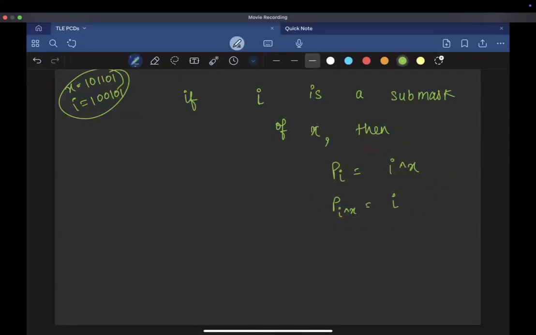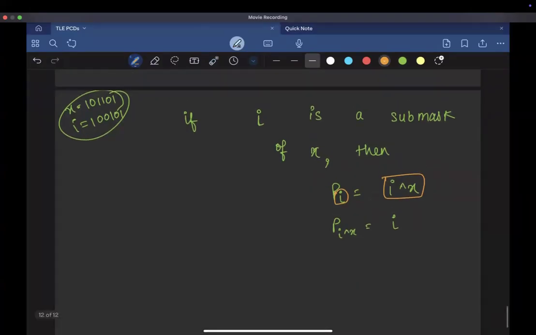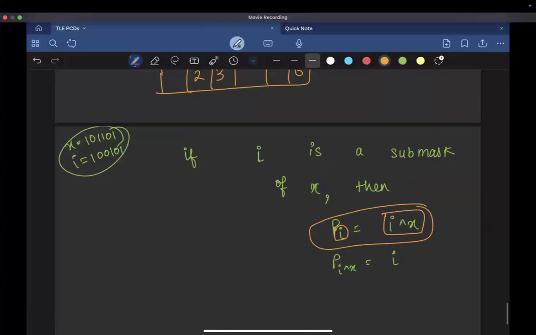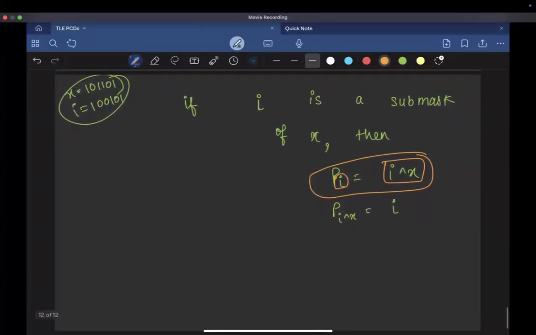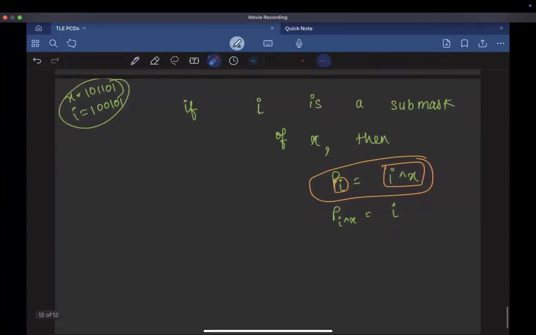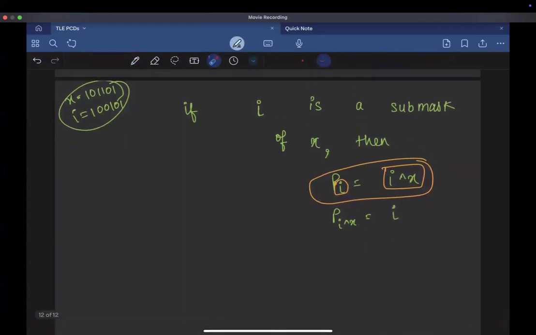Another thing that we do know here is that this I XOR x and this I, both of these numbers will be submasks of x. So both of these would be smaller than or equal to x also. I just pointed this out because some people might have a concern later on, which I will point out.